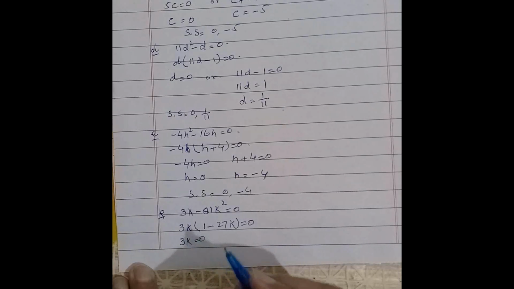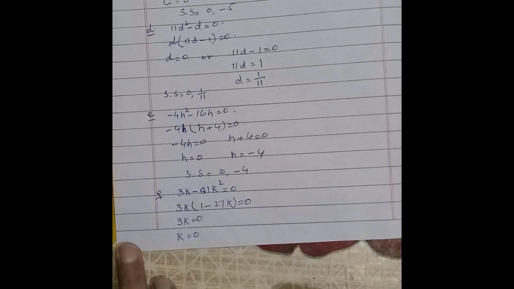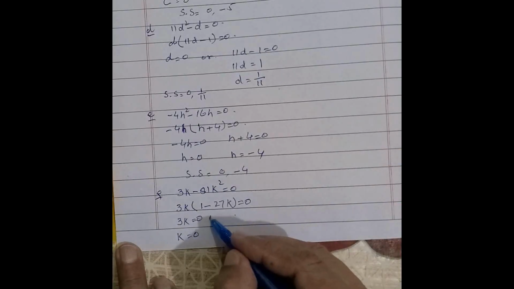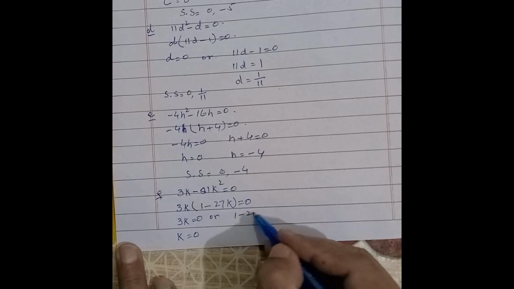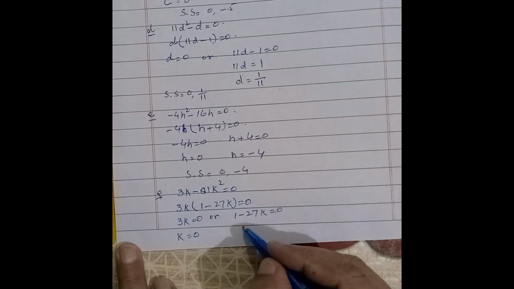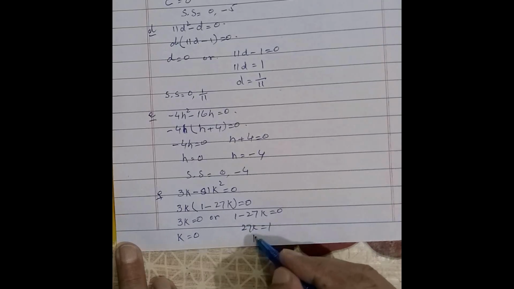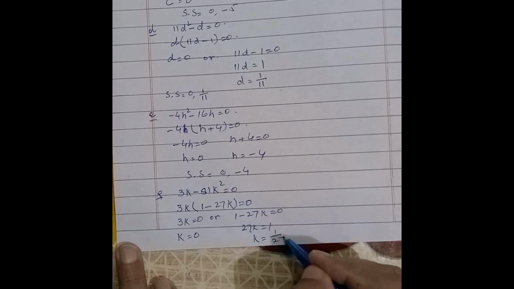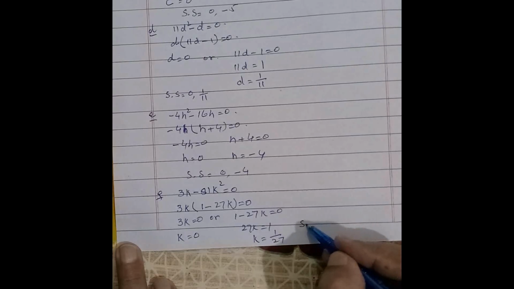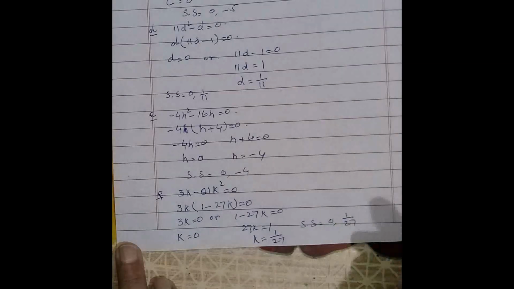So 3k is equal to 0 and k is equal to 0. The other value is 1 minus 27k is equal to 0 and 27k is equal to 1 and k is equal to 1 over 27, and hence the solution set is equal to 0 and 1 over 27.